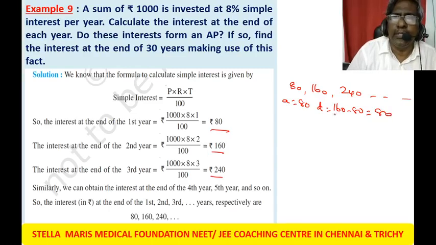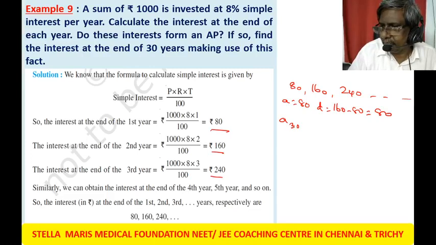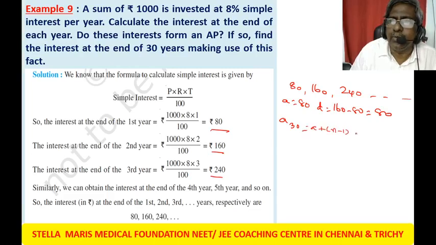Now what do they want for 30 years? They want the 30th term, that is a30. A30 will be a plus n minus 1 into d.